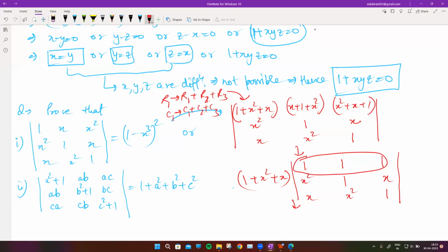Make 2 zeros. Yes. Column 2 minus column 1. Yeah, column 2 changes to column 2 minus column 1.